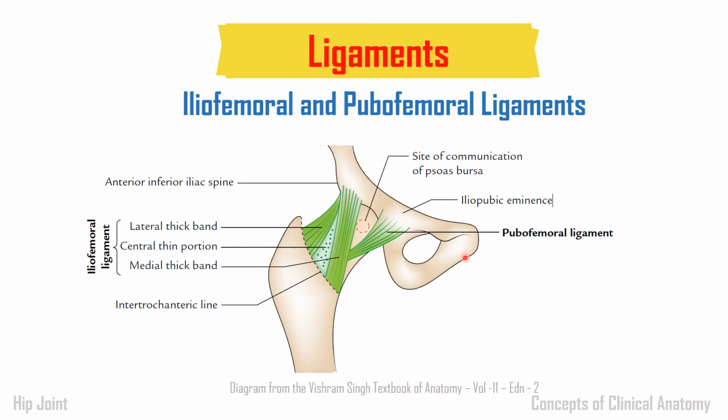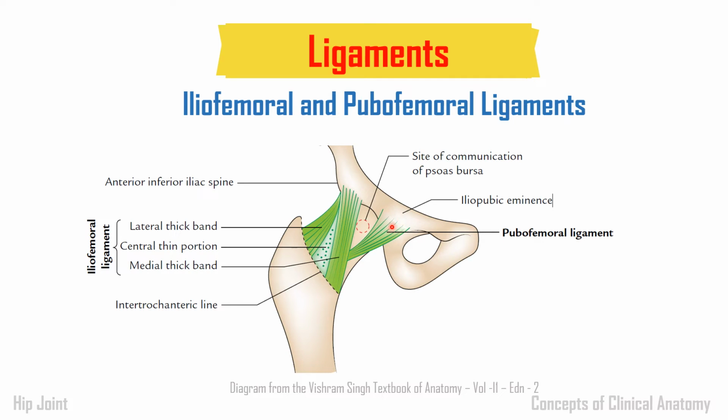Then moving to the pubofemoral ligament. As the name indicates, it starts from the pubis to the femur. Again this is a triangular ligament which has the base towards the pubis, unlike the iliofemoral where the base is towards the femur.